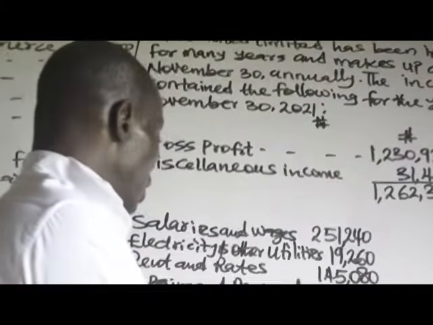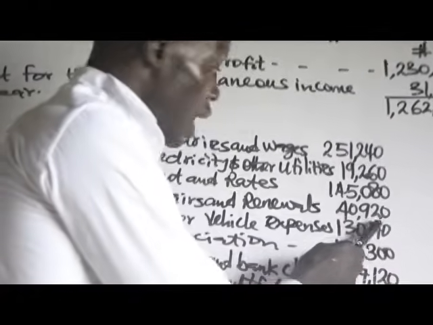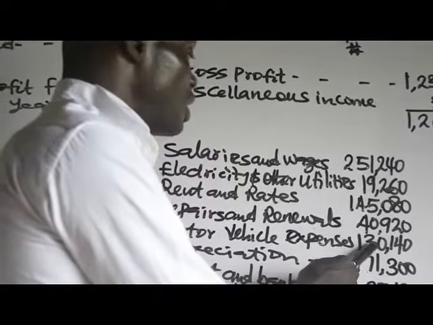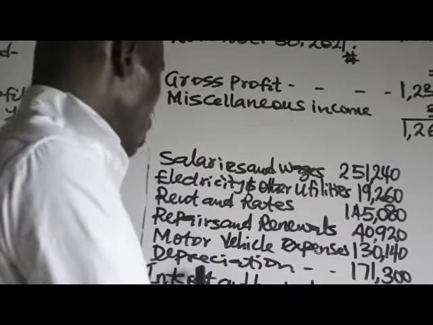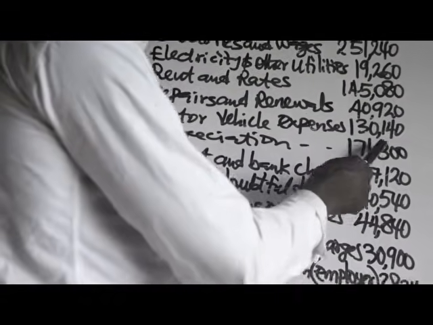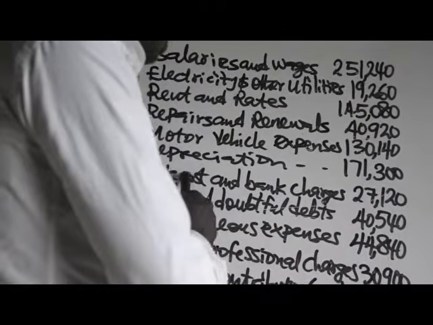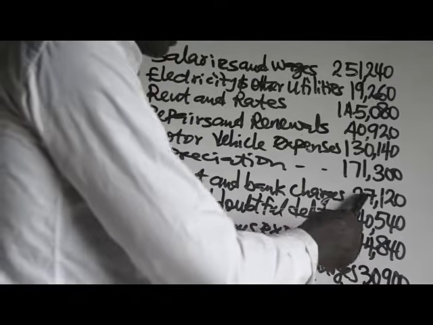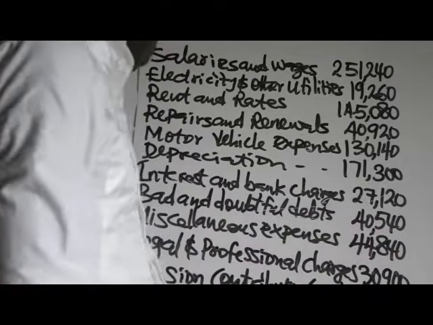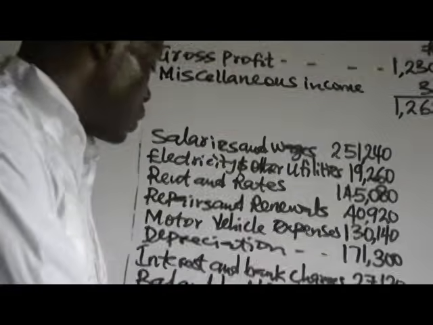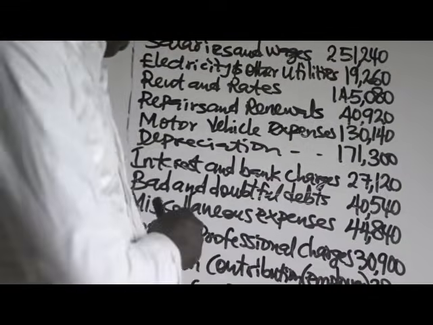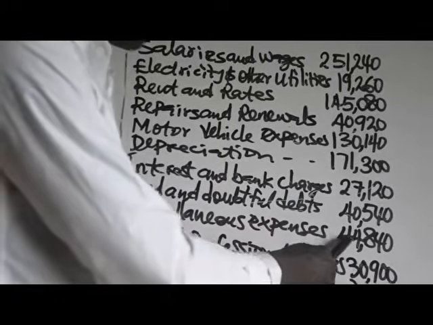Repairs and renewals 40,920. Motor vehicle expenses 130,140. We have depreciation of 171,300. Interest and bank charges of 21,120. Bad and doubtful debts 40,540. Miscellaneous expenses of 44,840.